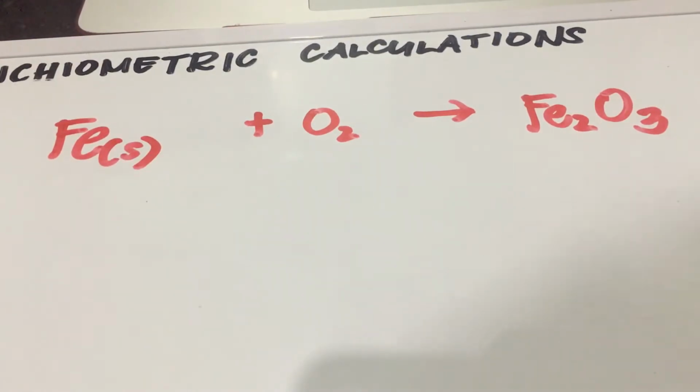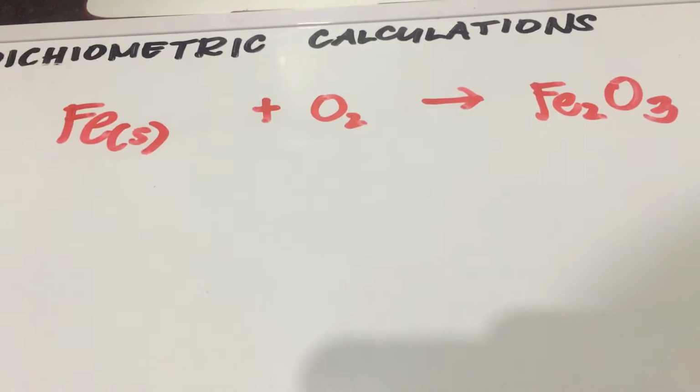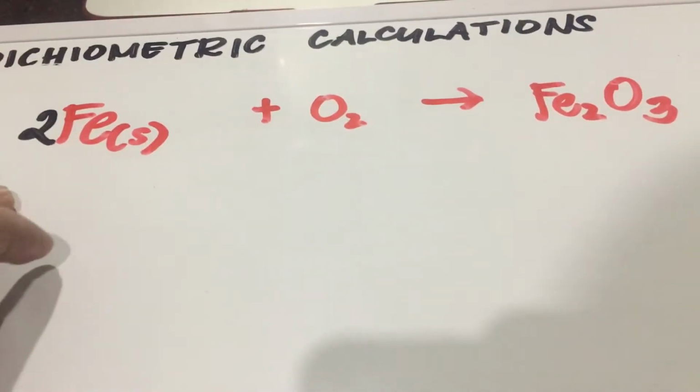So take note that in balancing we have to make sure that the number of atoms in the reactant side and in the product side are the same. So in the product side, I have 2 atoms of Fe, and therefore I can place the coefficient 2 beside iron in the reactant side.